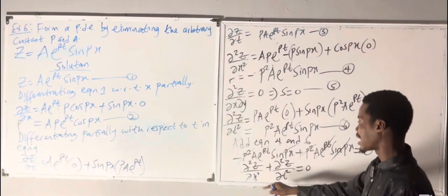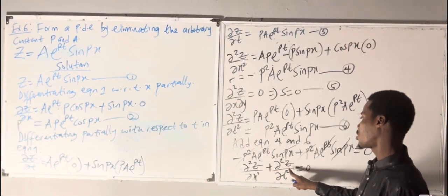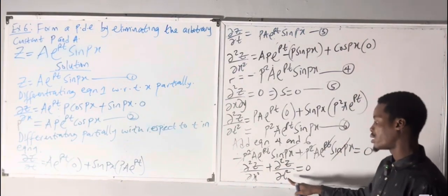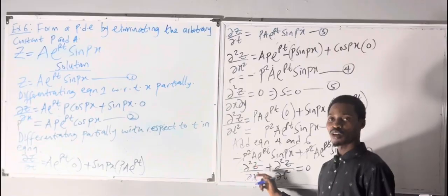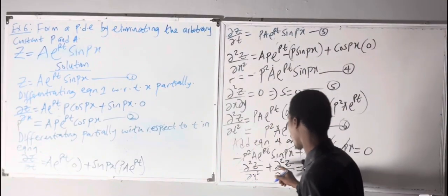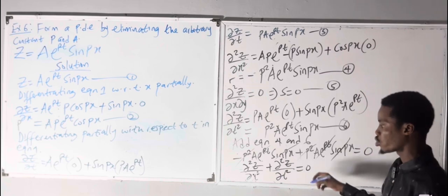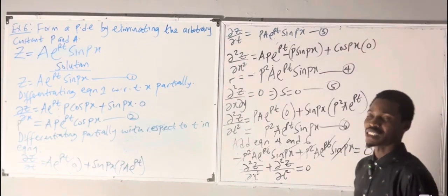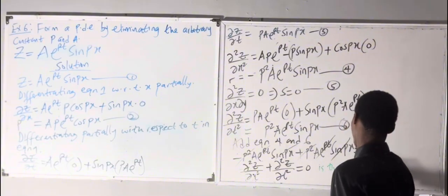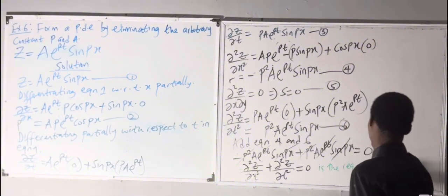It means del square z over del s square plus del square z over del t square is equal to 0, which is the required PDE.